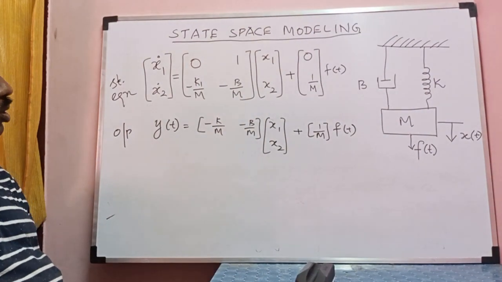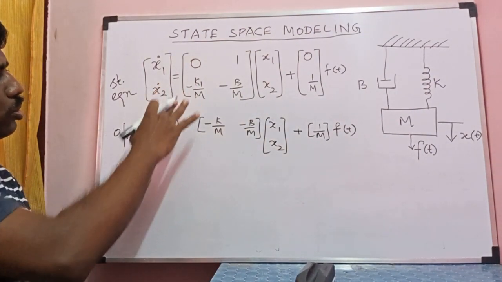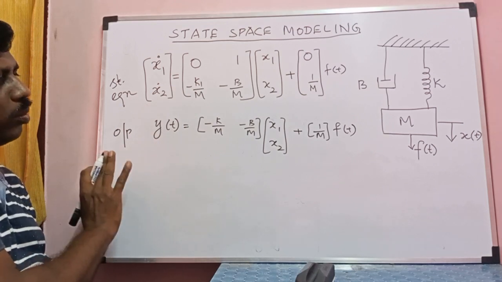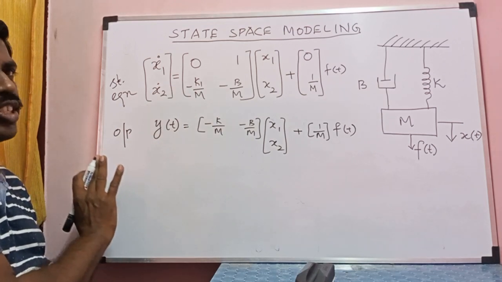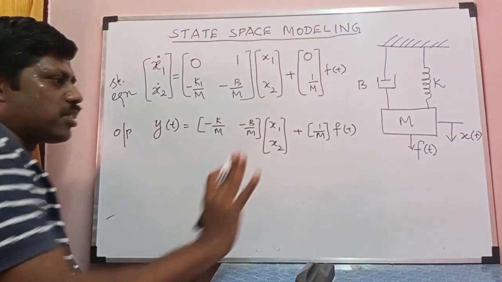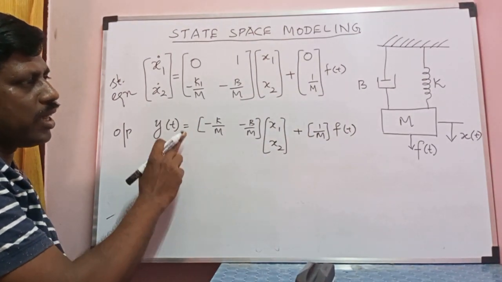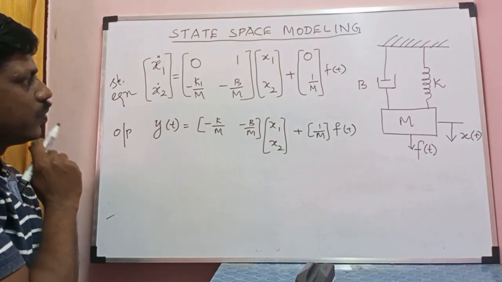These two equations together are what we usually call the state space model for this system, taking this y of t, otherwise the acceleration, as the output.